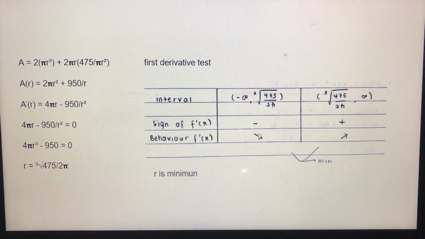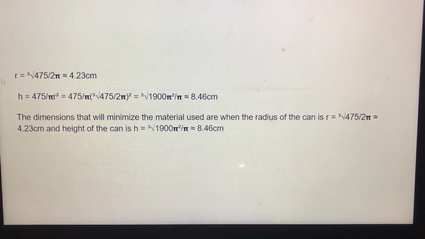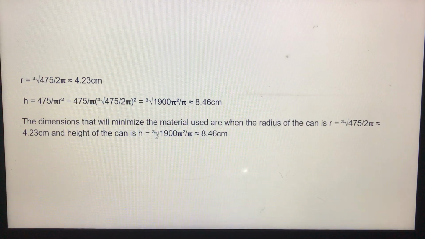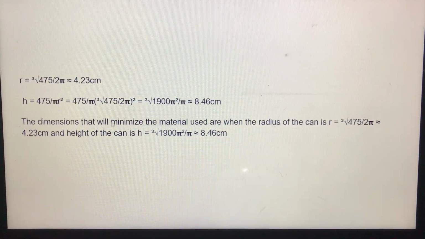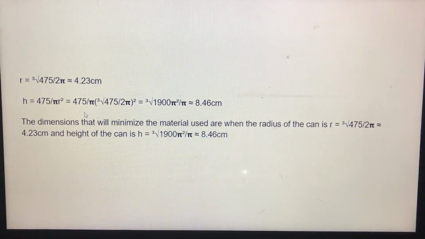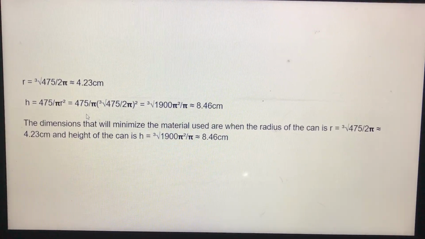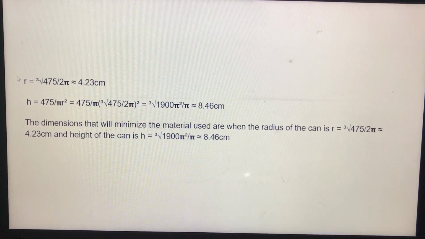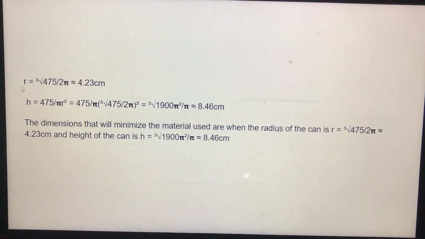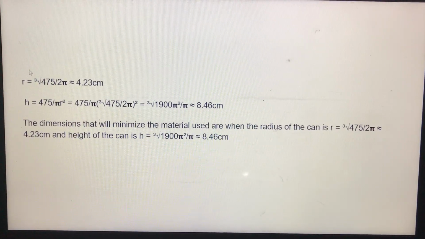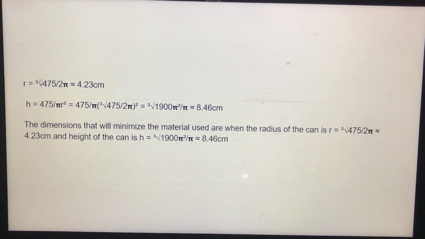And after that, we have to write the answer in a correct way. The question is to find the dimensions that will minimize the material used. So we have to show the radius and the height.